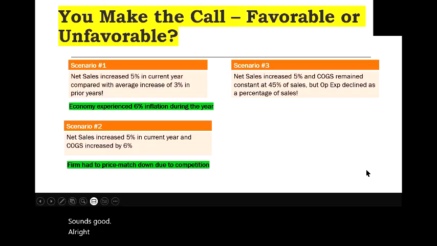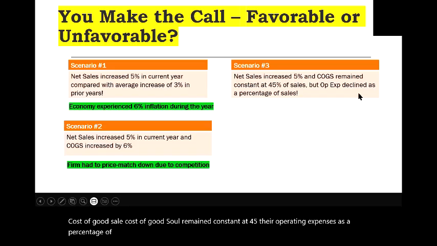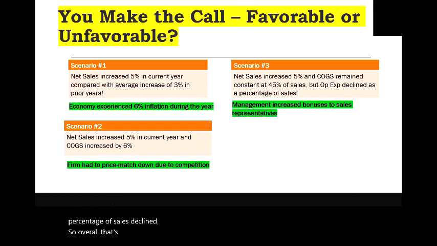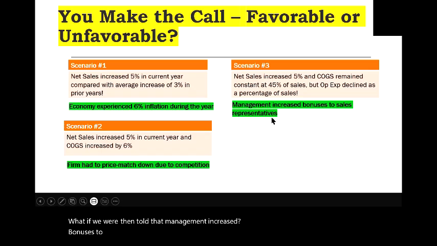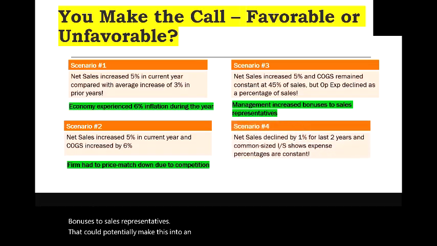Sales went up, cost of goods sold remained constant at 45%. Their operating expenses as a percentage of sales declined. So overall, that's good. However, what if we were then told that management increased bonuses to sales representatives. That could potentially make this into an unfavorable situation.